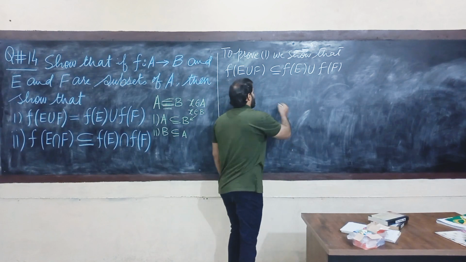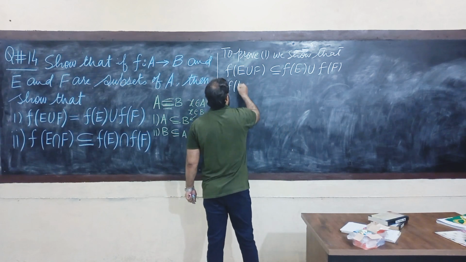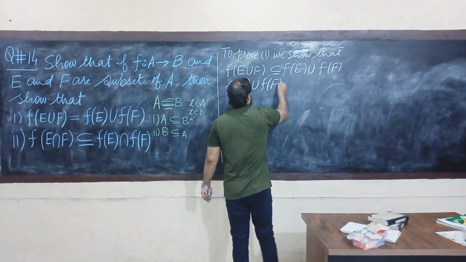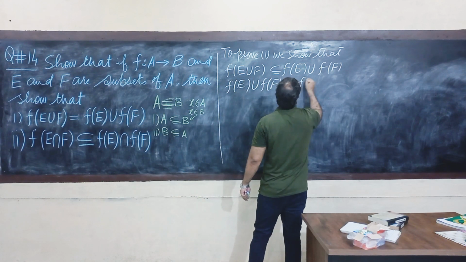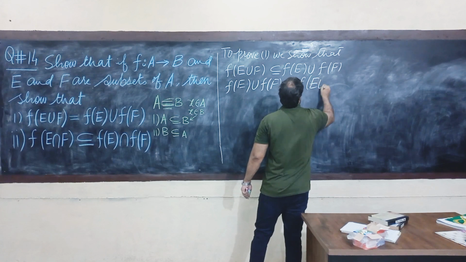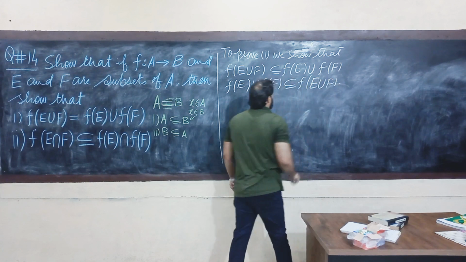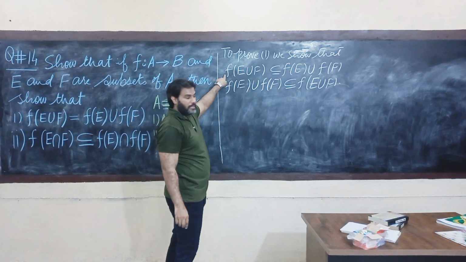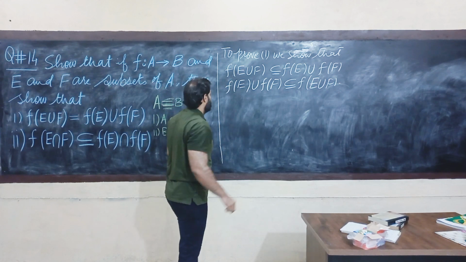Vice versa means f of E union f of F is also a subset of f of E union F. So let us assume an arbitrary element y from this set.